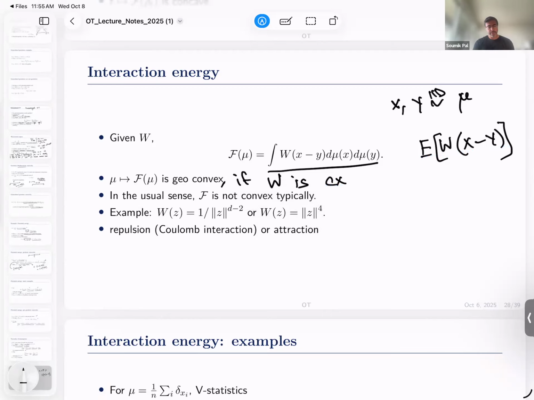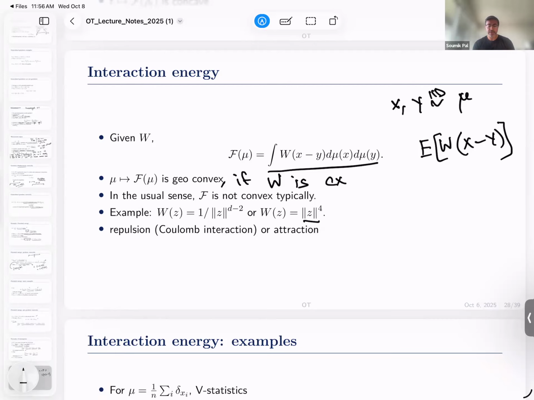Some of the appearances of these functions come from physical models. There is this particular function W, which is 1 over norm of z to the power d minus 2, which comes from repulsion potentials called Coulomb interaction. It's a very common physics model. Some of these functions, like norm of z to the power 4, come from attractive models, where particles are attracting each other.